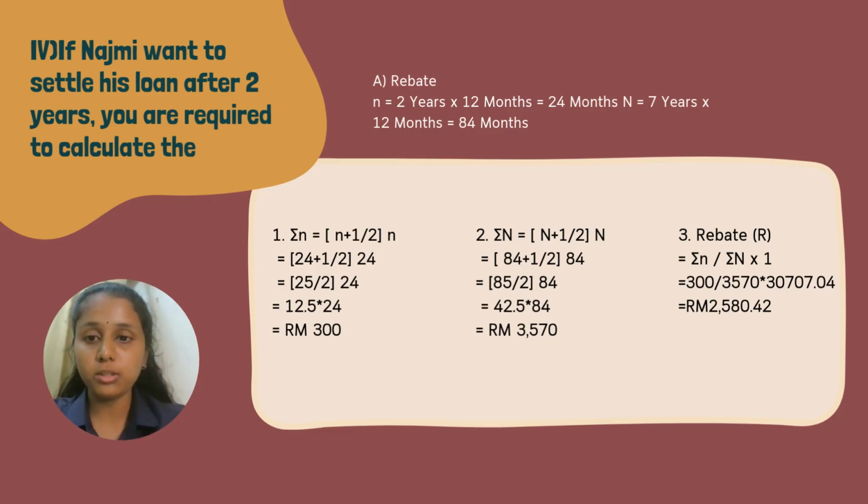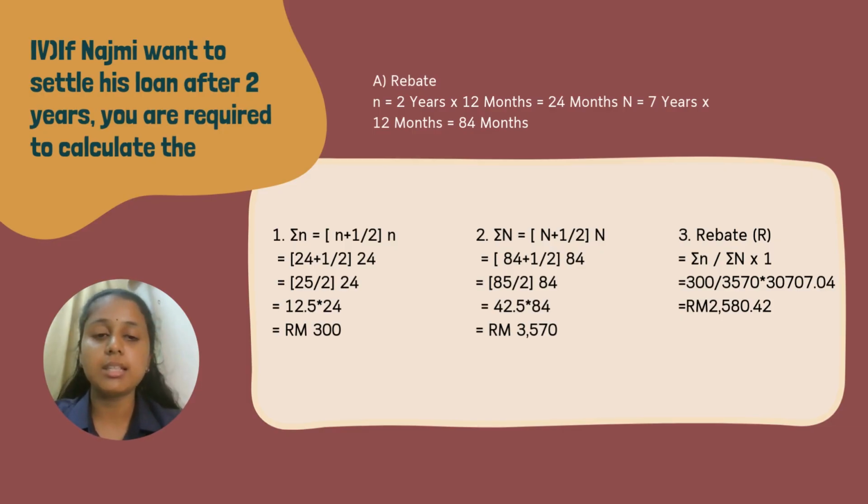If Najmi wants to settle his loan after 2 years, we are required to calculate the rebate. First one is the sum of small n equals small n times (small n plus 1) divided by 2. So the answer is RM 300.